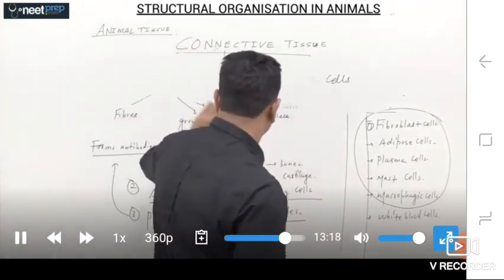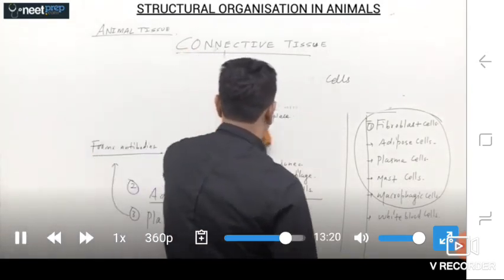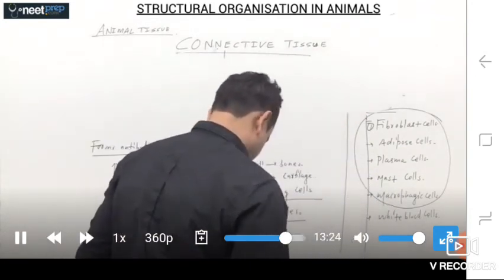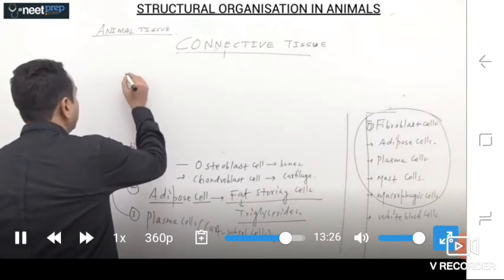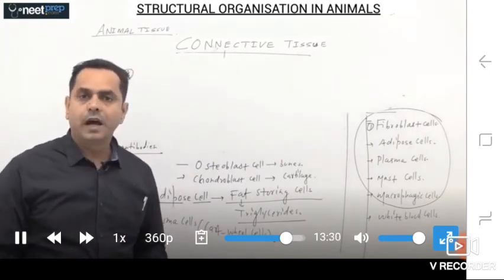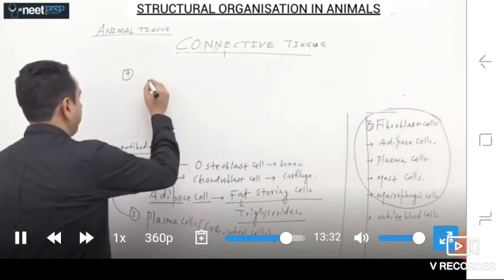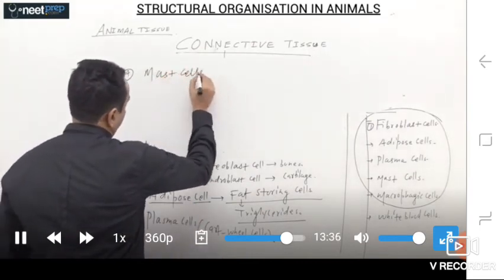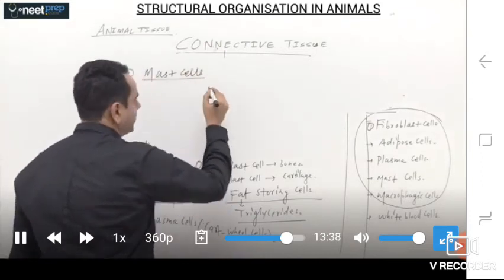Number 4 is called mast cells. Mast cells are also called mastocytes.